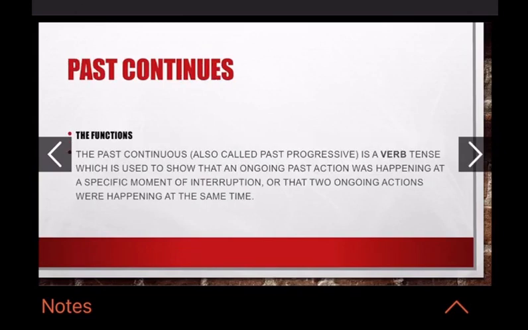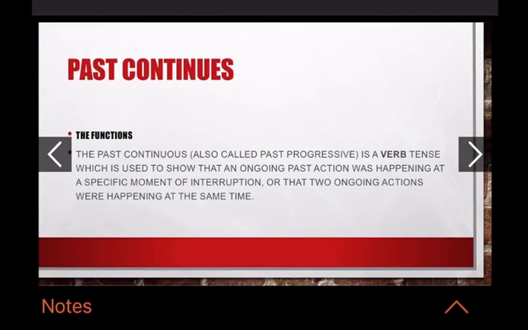Now, the function of the past continuous. The past continuous, also called the past progressive, is a verb tense which is used to show that an ongoing past action was happening at a specific moment of interruption, or that two ongoing actions were happening at the same time, which means that you have one action and another action.